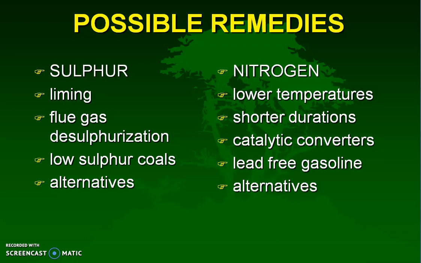In the case of nitrogen oxides, we can lower their concentration by lowering temperatures, shorter durations, catalytic converters, and lead-free gasoline can be used in different types of industrial processes, and we must switch over to other alternatives which can reduce the release of sulfur oxides and nitrogen oxides in the atmosphere.